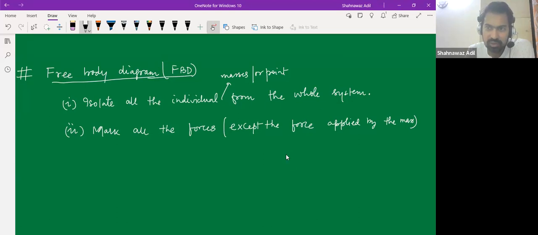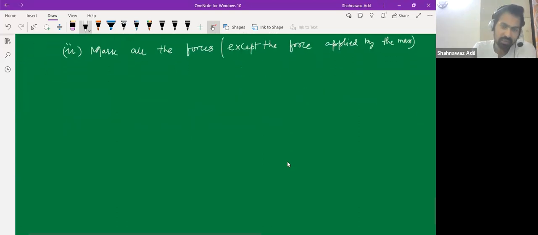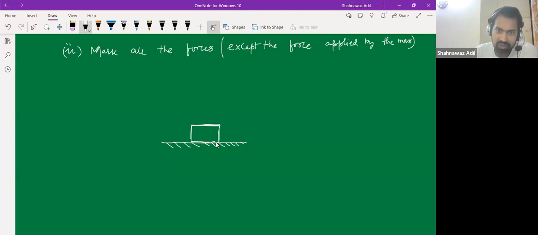Okay, so as Amna asked, what is this free body diagram? Let's say I have this ground and some mass is kept on this ground. How many forces are acting on this mass? Let us write all the forces.